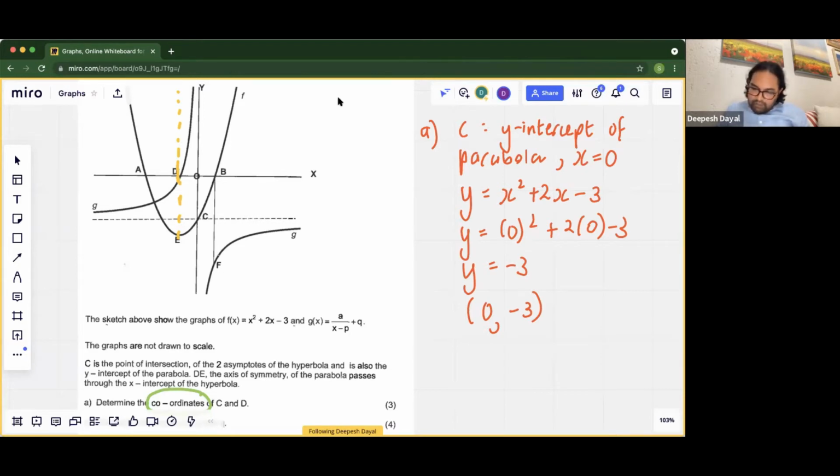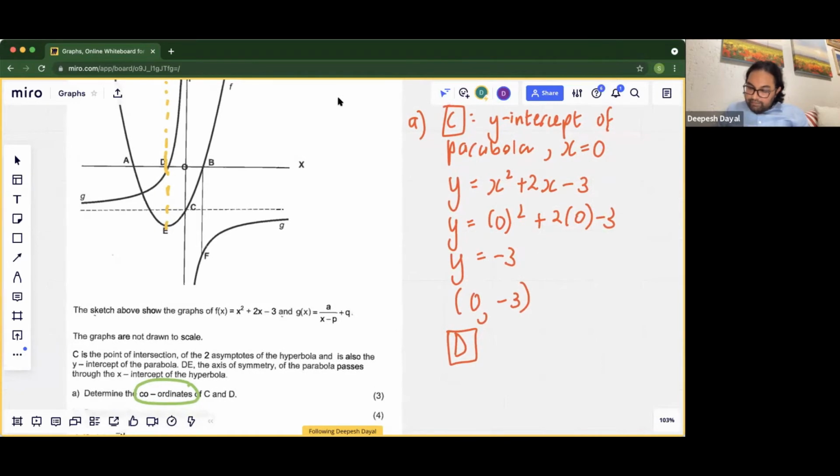And then we've got point D. Let's put a block over this, and then point D is the turning point of the parabola, right? What's the equation that we use to find the turning point of the parabola?